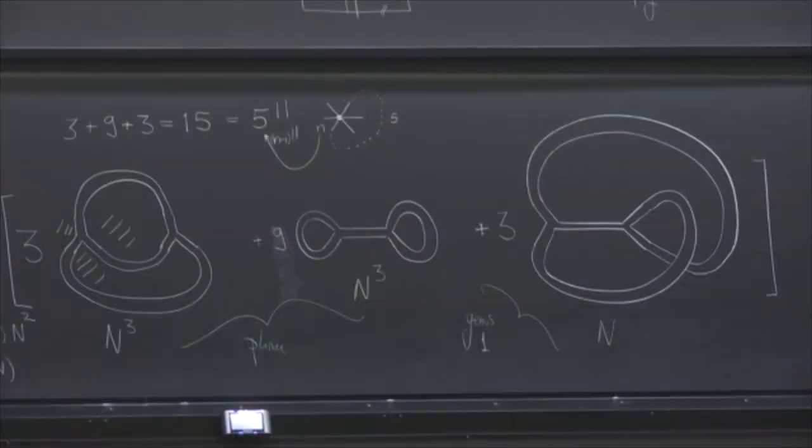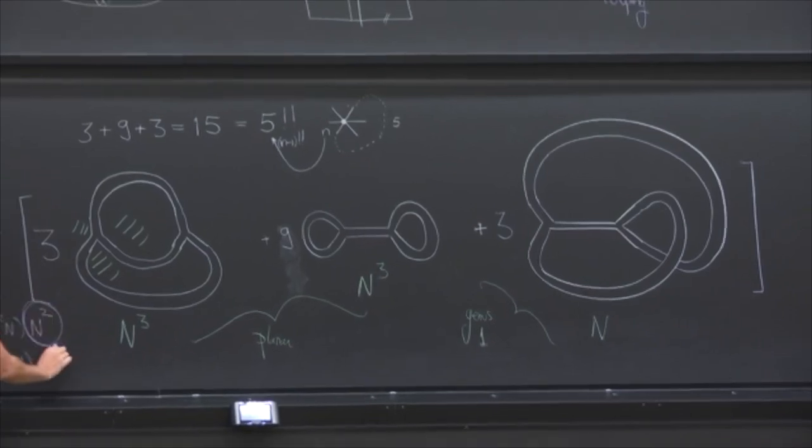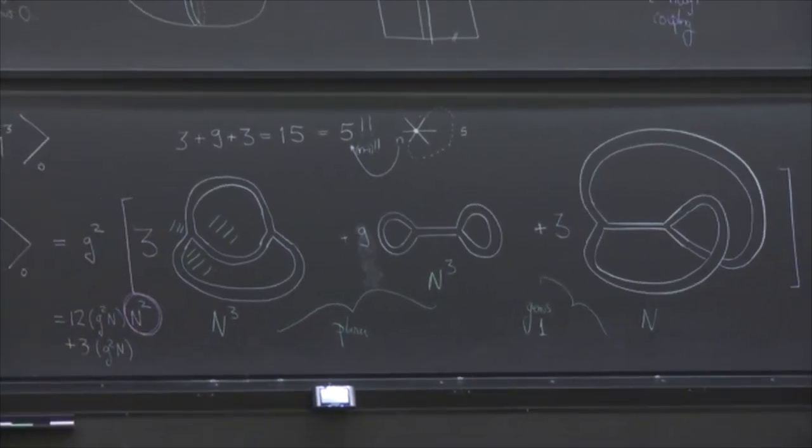So 12 lambda N squared plus 3 lambda. So we see that the planar graphs not only are dominant, but they come with the same N squared here. They are dominant over the non-planar, but more than that, from this very simple example, we are seeing some pattern.